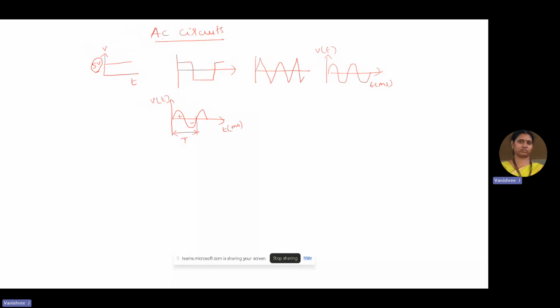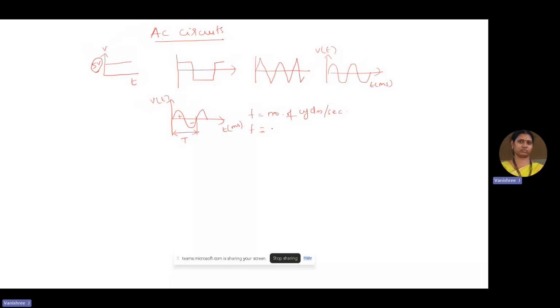So what is the relationship between time and the frequency? First of all, how do you define frequency? Frequency is number of cycles per second. So here, if this is taken to be one complete cycle, then how many such cycles can be accommodated within a second?